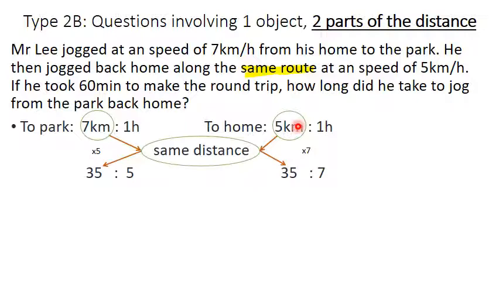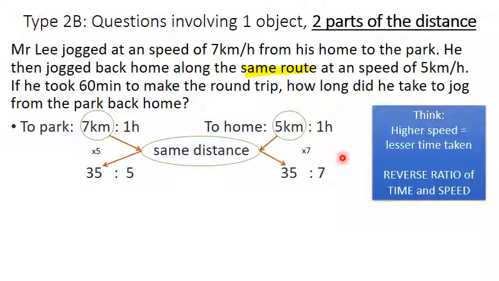Okay, so this becomes my same distance now, because from park to home and home to park is the same distance. So meaning, if this is my distance, I would spend 5 units of time to go to the park from home. And then from park to come back home, I will need to spend 7 units of time.